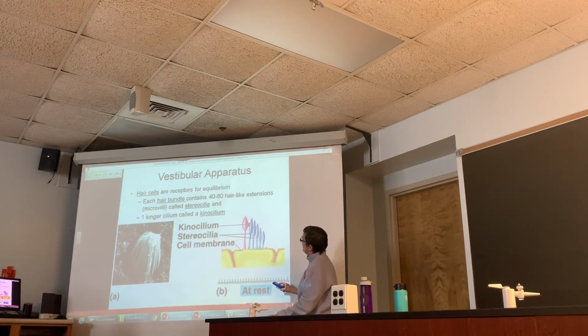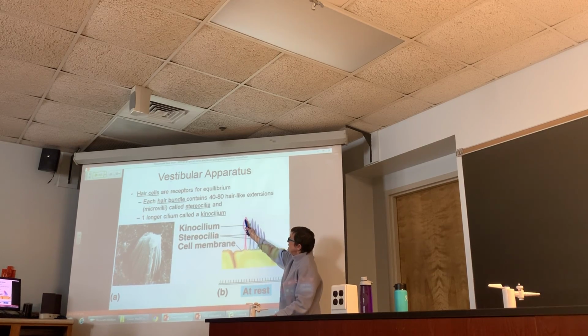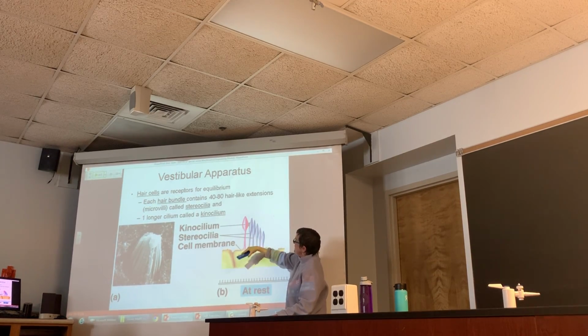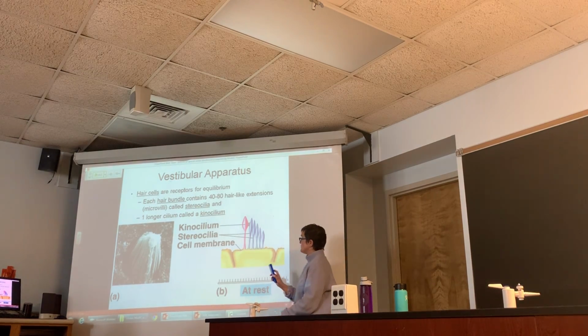So here's a picture of the hair bundle. You've got what's called a giant kinocilium, and then these smaller stereocilia, and the direction that they're pulled, depending on if you're putting your head down or putting your head back, determines what kind of action potentials are generated. And I've got a picture of that somewhere.